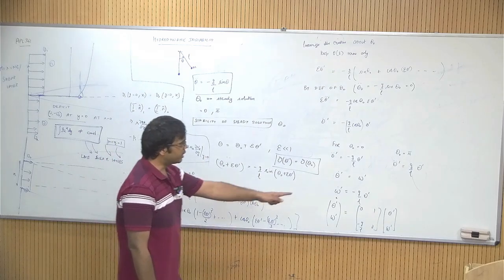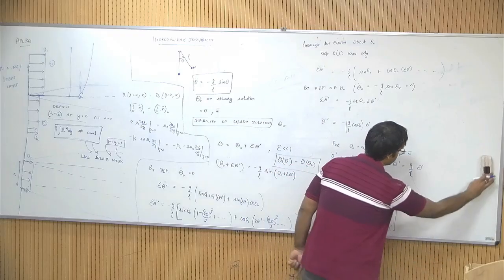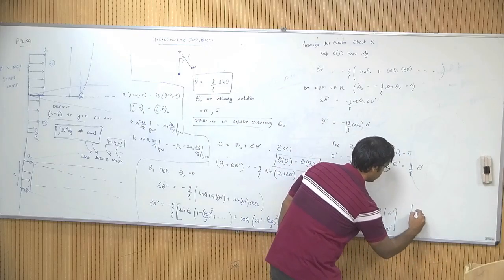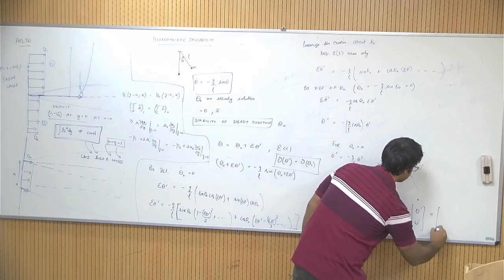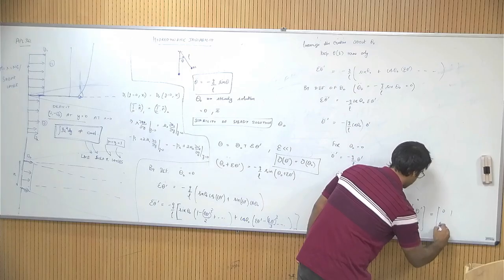Okay, and here, as you can imagine, you will get a system like this: theta prime, omega prime dot equals 0 1, g by L 0.